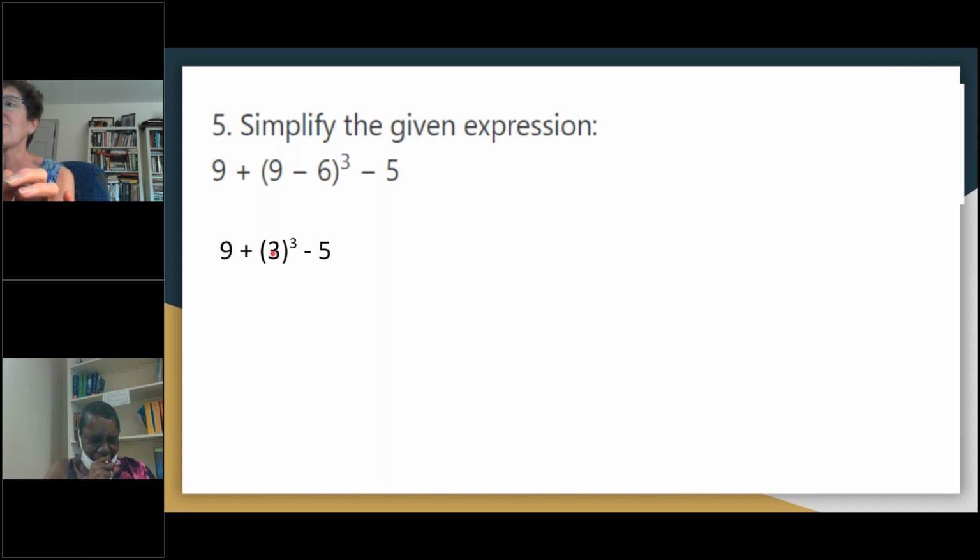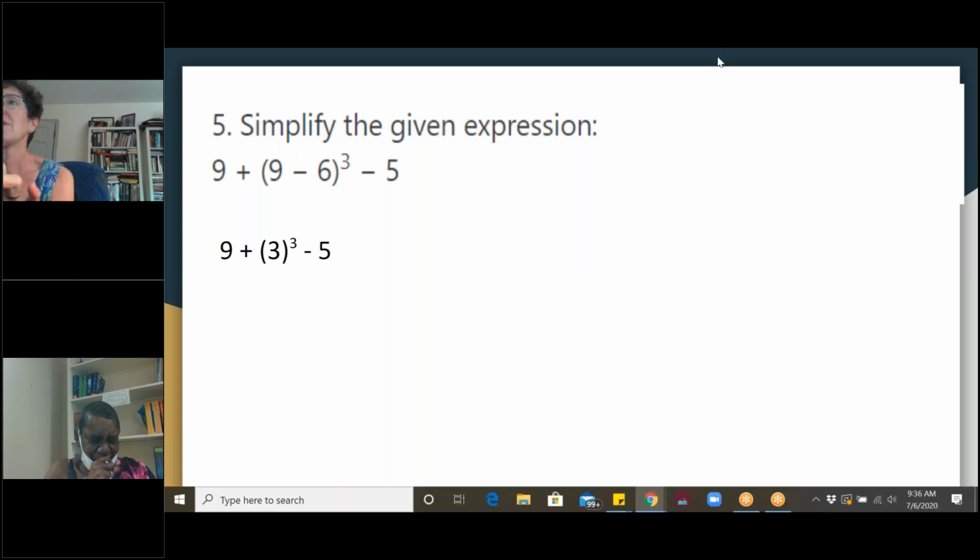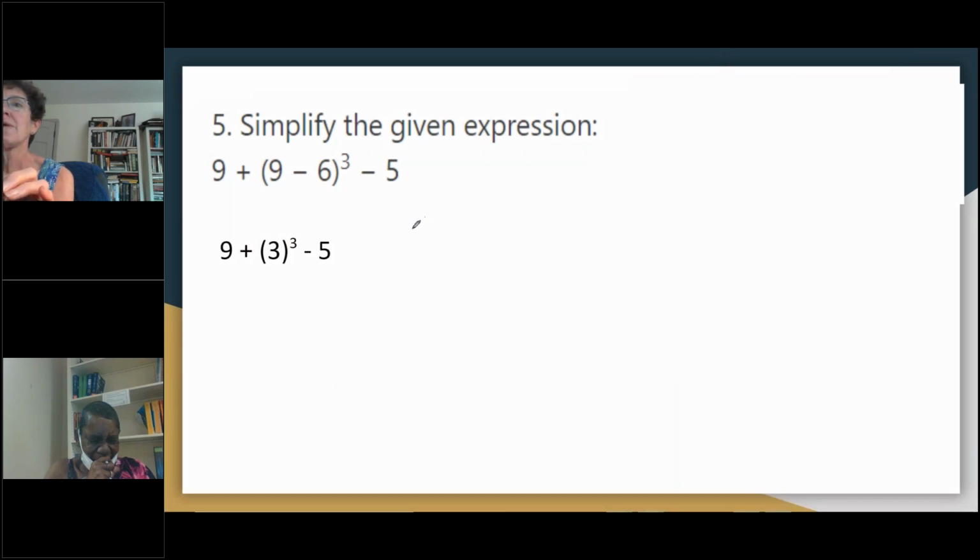So this says 3 times 3 times 3. 3 times 3 is 9, and 9 times 3 is 27.